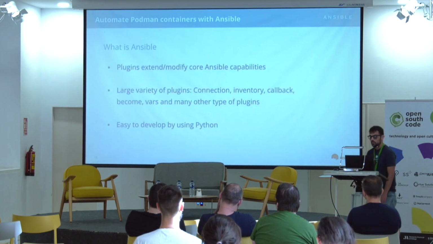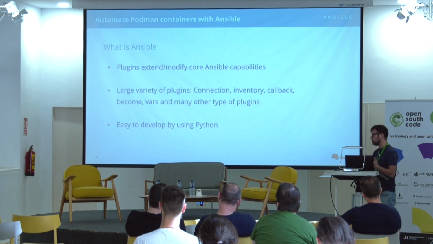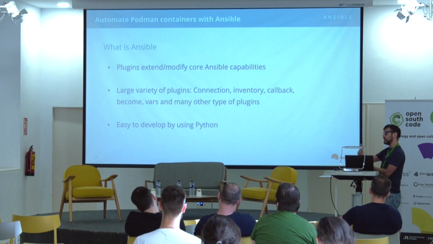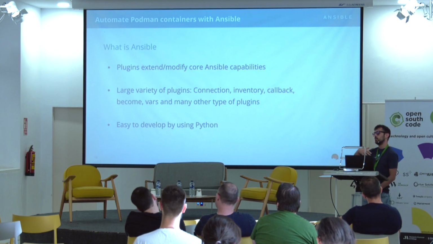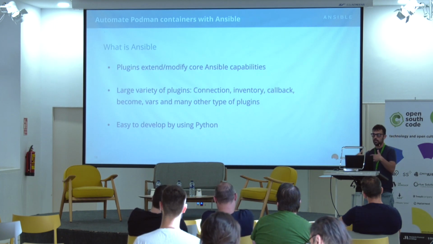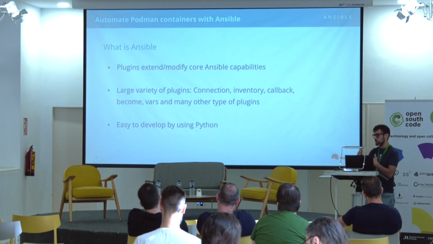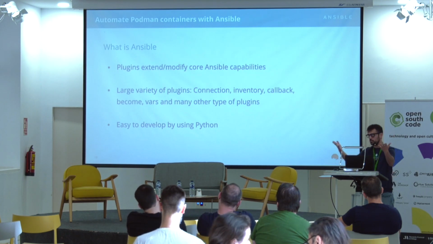Then we have plugins, which extend or modify core Ansible capabilities. There are a large variety of plugins: connection plugins, inventory plugins, callback plugins. For example, when we run a playbook against your servers, you don't have to specify anything because it uses what we call the SSH connection plugin, which is the default. So it's going to use SSH to connect to those machines.